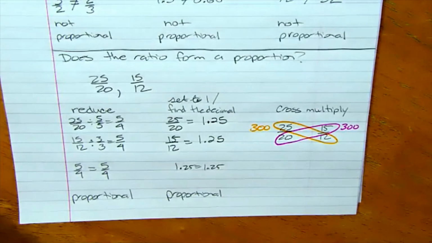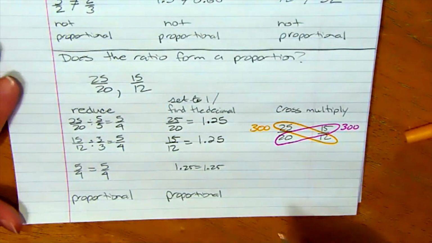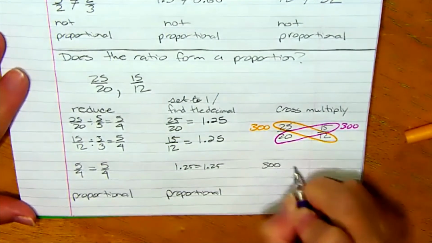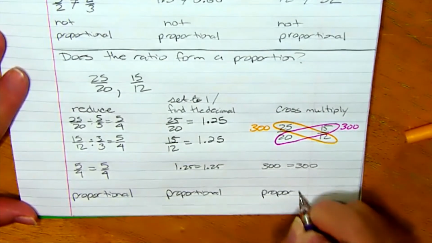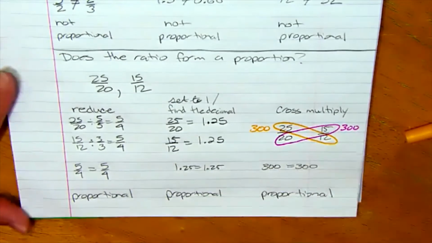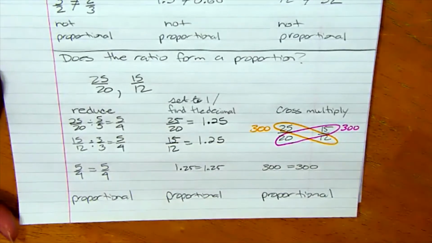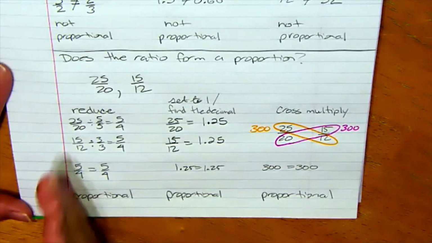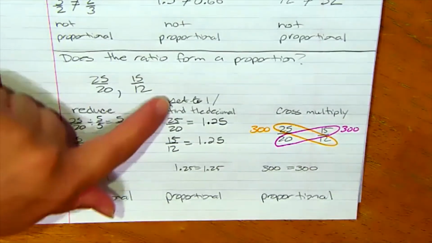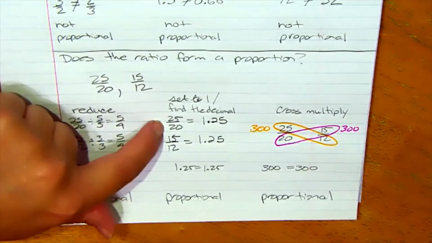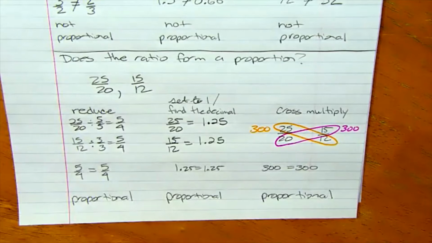Can you use a calculator? Yes, please do. 300 is equal to 300. It is proportional. So you can use any one of these three methods to determine whether fractions are proportional or not: reduce, setting to 1 or turning it into a decimal, or cross multiplying.